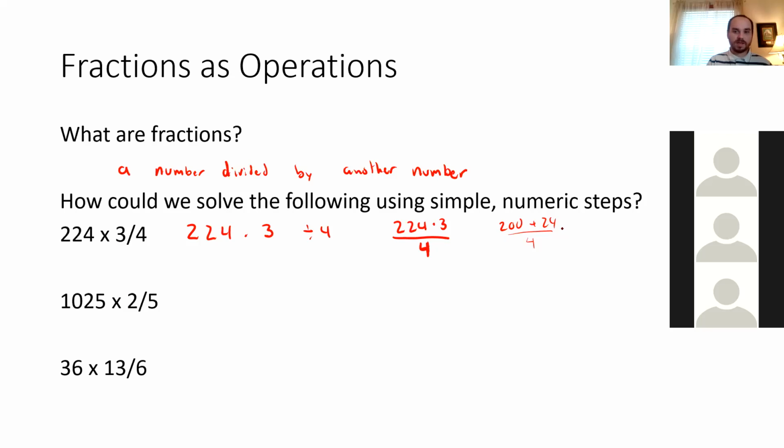It's 6. And then 200 divided by 4 is 50. So we can just do this as 56 times 3, which is a much smaller number. And then 56 times 3 is 168.